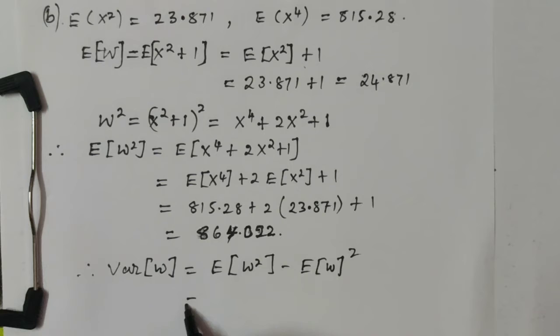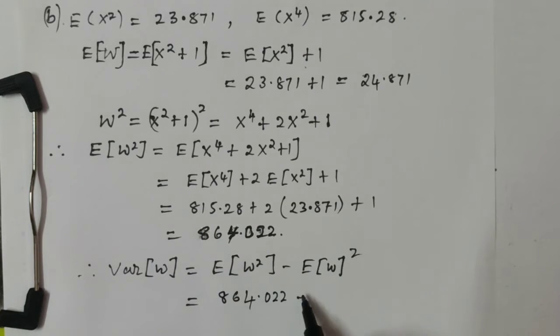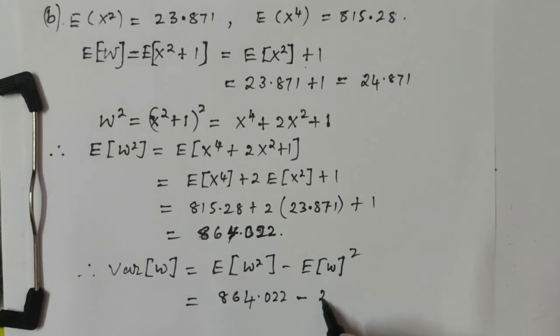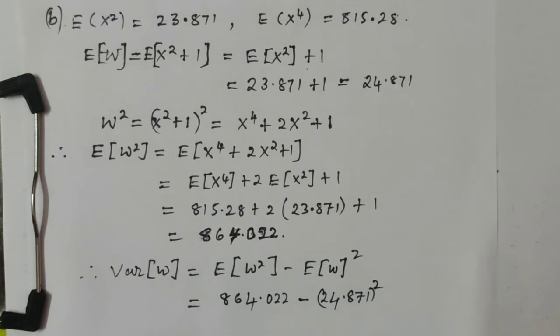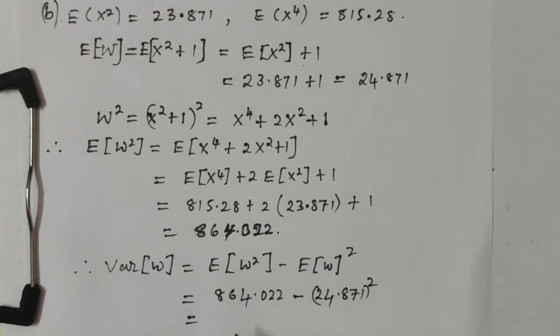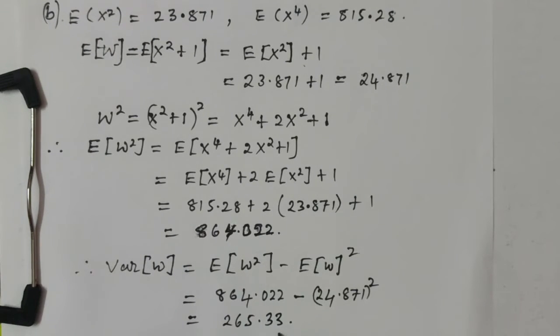So expected value of w square is 864.022 minus expected value of w whole square. So expected value of w is 24.871 whole square. If you simplify this, this is equal to 265.33. So this is the variance of w.